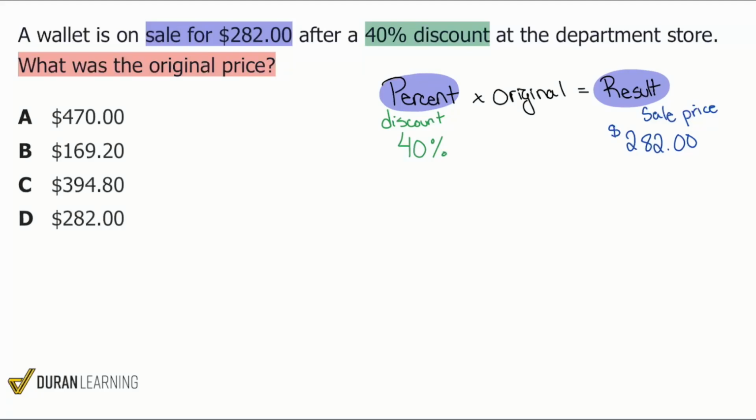The 40% represents the discount percent. That means how much we take off. When we look at the $282 that we're given, is that the amount of money we're taking off of the price? Or is that the price that we pay? Which one is it?